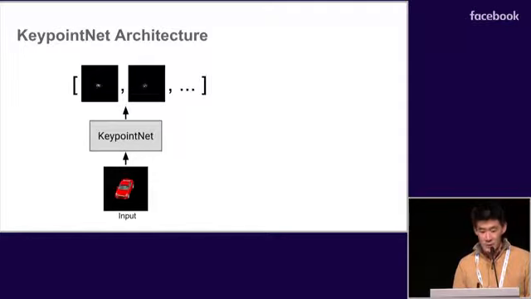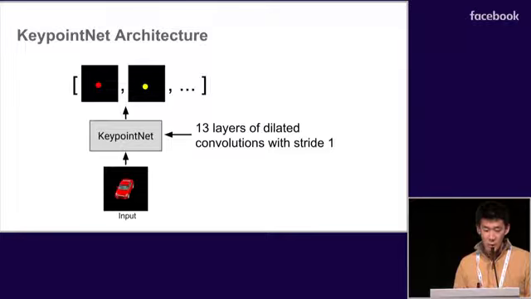And this can be done by instead predicting a probability distribution map for each key point, whose expectation represents the key point coordinate. And second, this requires no strided or stride-1 convolution. And in our case, we use a stack of dilated convolutions to increase the receptive field size.